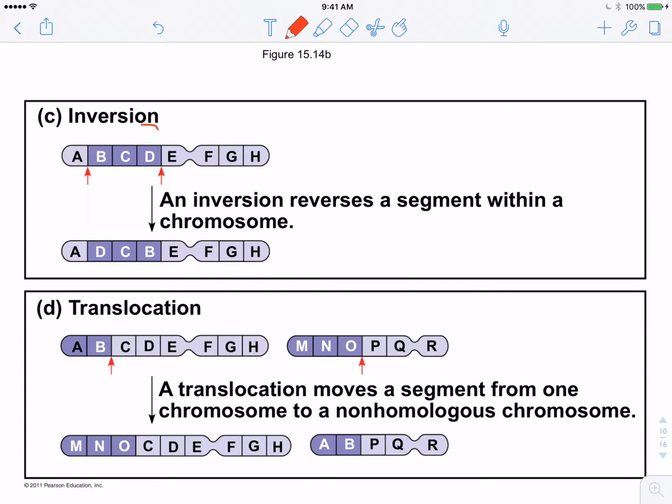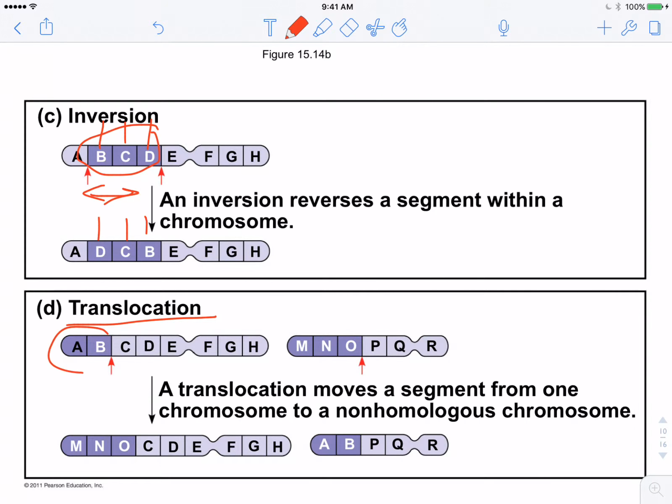An inversion would take a section of chromosome and flip-flop it. So instead of this section going genes B, C, D, it would flip that orientation and go D, C, B. So it's the same stuff, but it's reversed. And then a translocation usually involves 2 chromosomes.